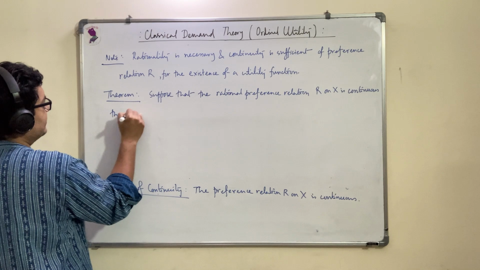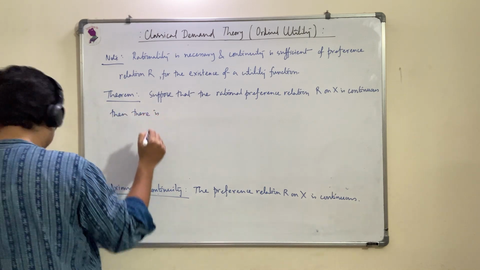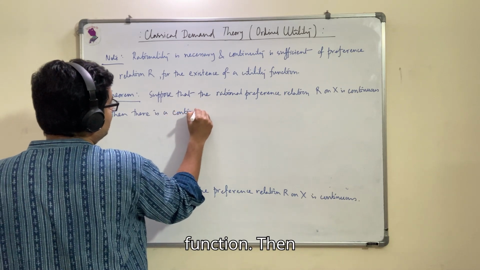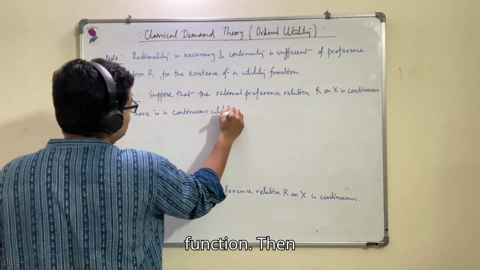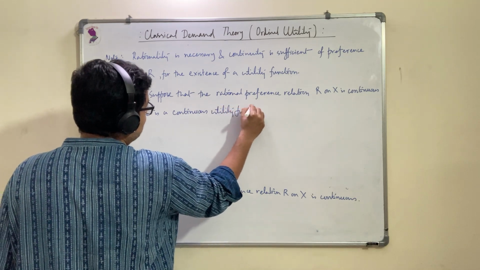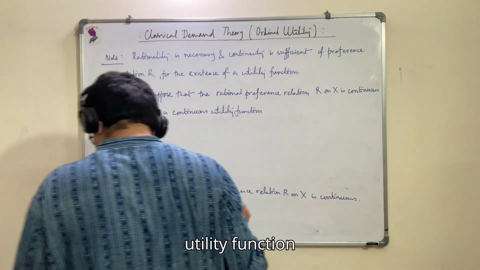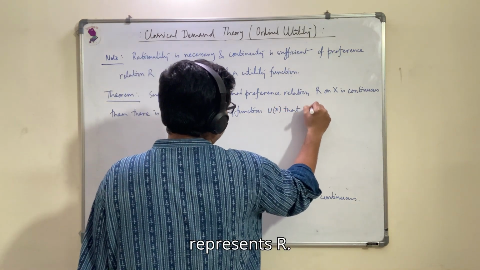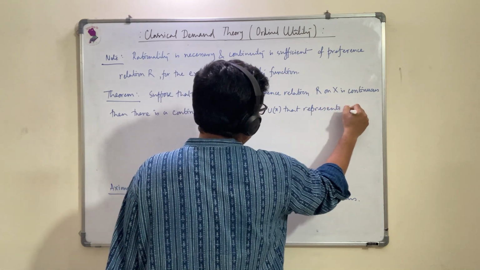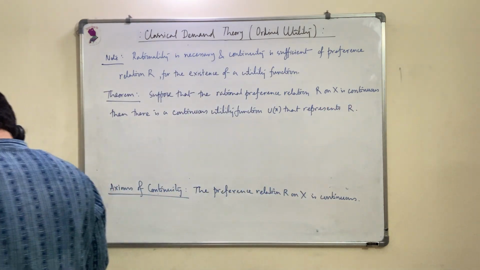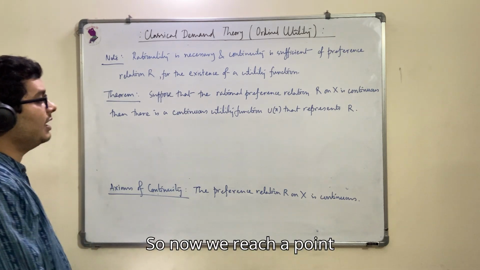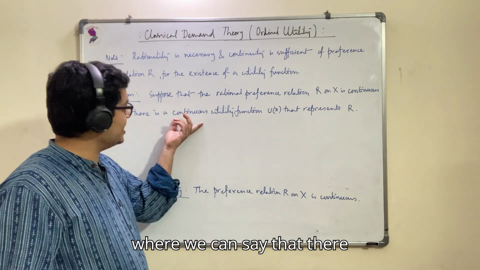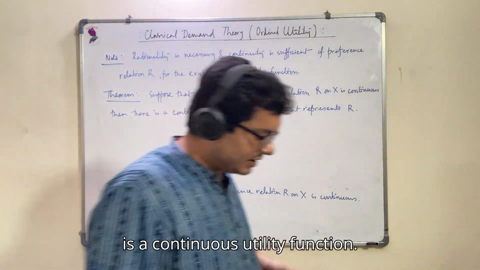Then there is a continuous utility function U(x) that represents R. Okay. So now we reach a point where we can say that there is a continuous utility function.